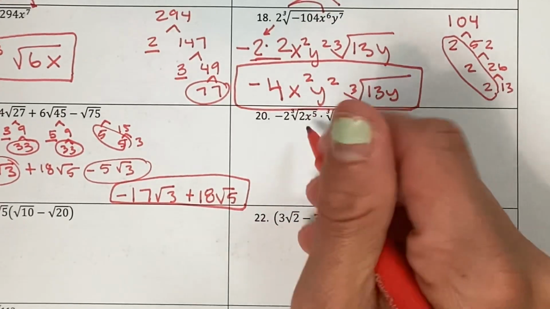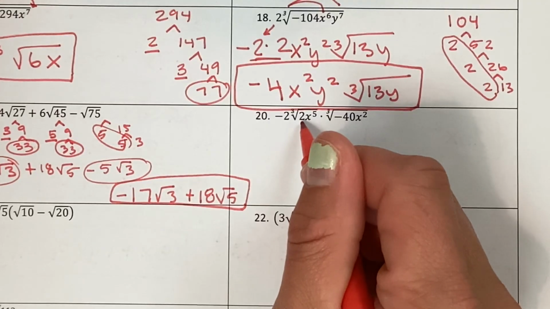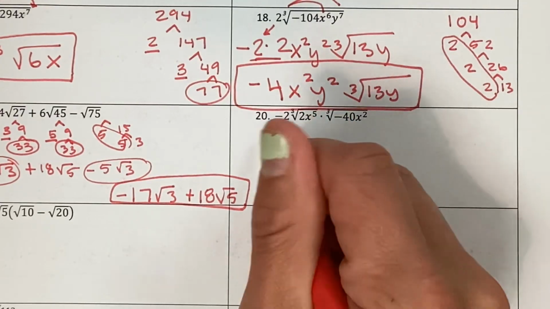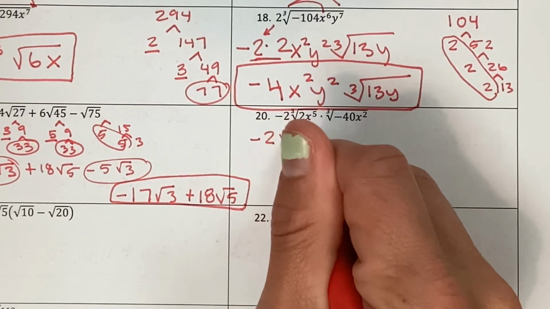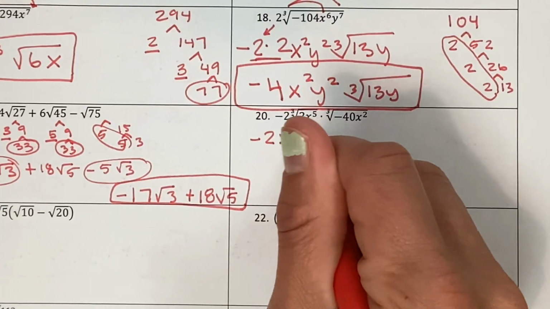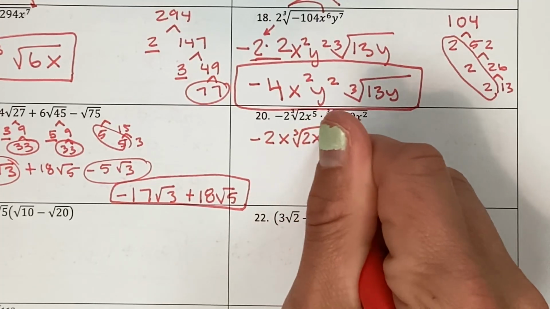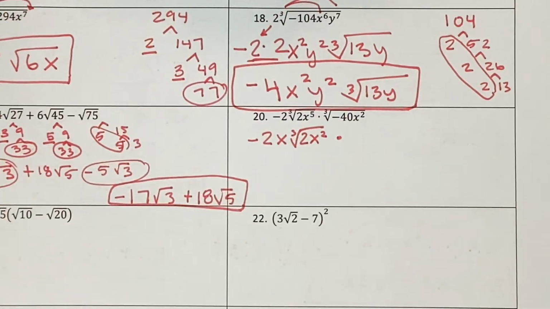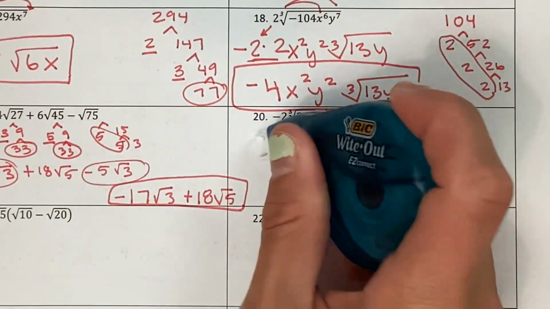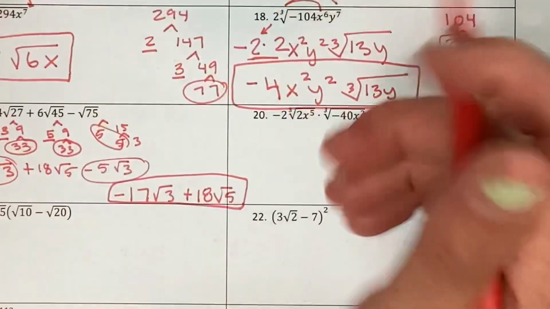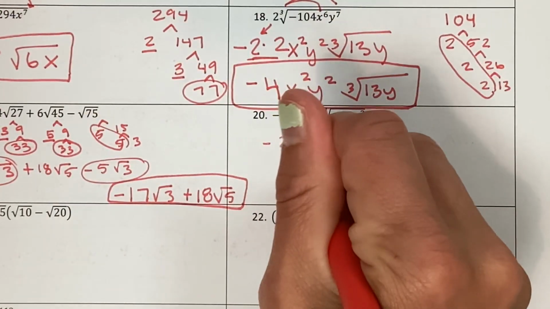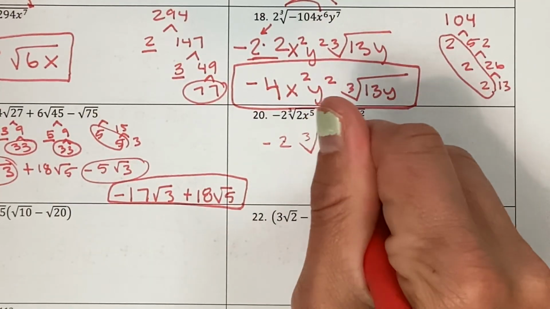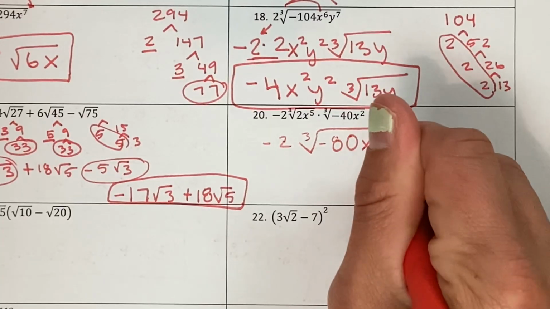All right, on this one here, I can't do anything with the 2. 3 goes into 5 one time with 2 left over. Times, oh, I guess I'm actually going to multiply those together first. I didn't see that multiplication sign. All right, negative 2 cube root of negative 80 x to the 7th power.